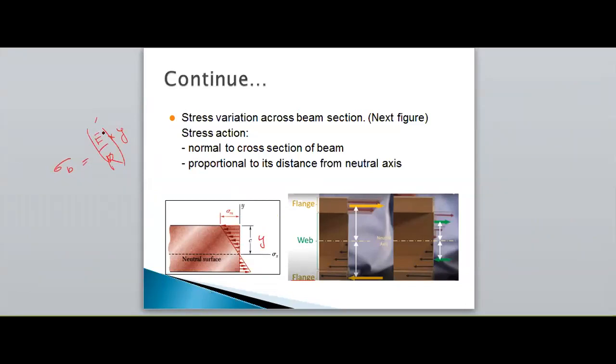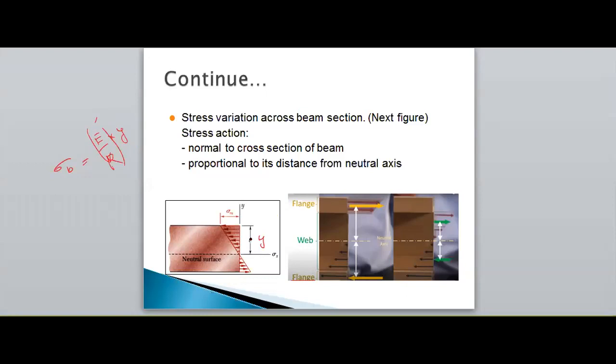It is a constant assumption. We have assumed it as constant, and the radius is also a constant, so it is varying only on Y.